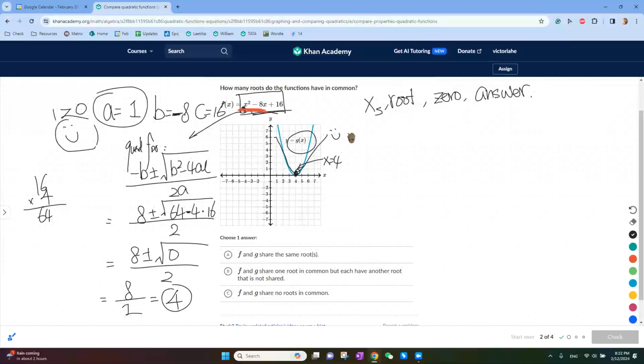Look at the picture, you have the answer. 4. So based on this, how many roots are they sharing? 1. So which answer is correct?